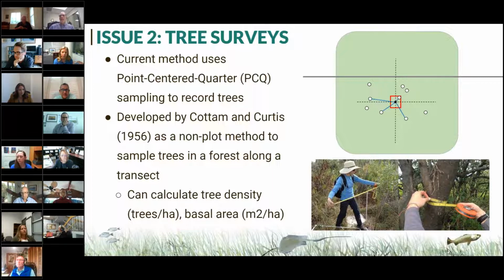And then you measure the distance from that point to the nearest tree within that quarter. And then you also measure the diameter at breast height of that tree. And using those 2 measurements, you can calculate tree density, trees per hectare, and also basal area, which is meters squared per hectare. That's like the area covered by the trunks over a given area of forest.